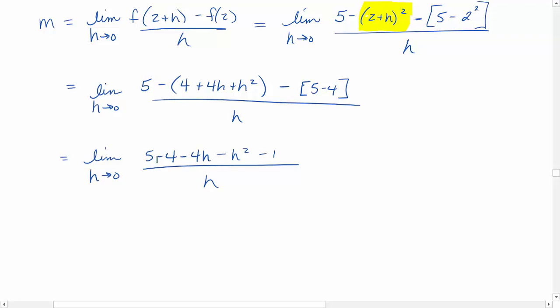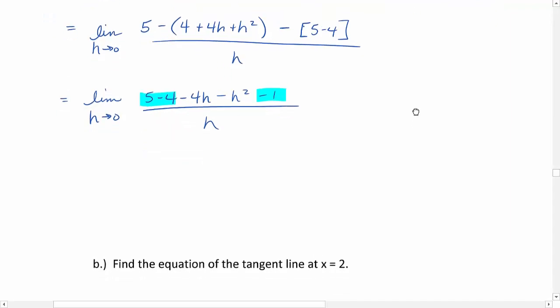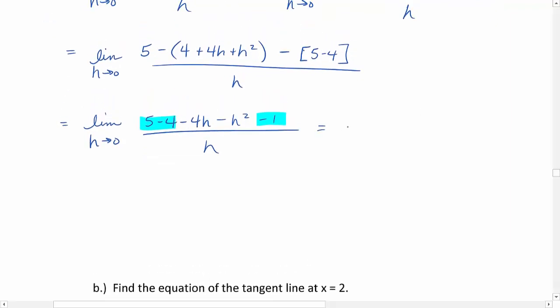We'll combine some like terms here. See, we got these constants, 5 minus 4 minus 1. Well, those just cancel out. We're going to get the limit as h approaches 0 of negative 4h minus h squared all over h.